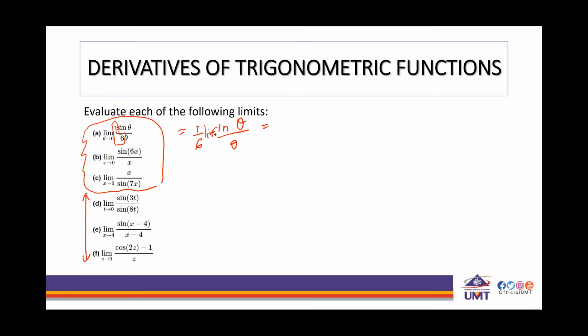The limit here is theta approaching 0. So when theta approaches 0, sin theta over theta is equal to 1. So now 1 over 6 times 1 is equal to 1 over 6. Easy, right? Okay, it is easy.